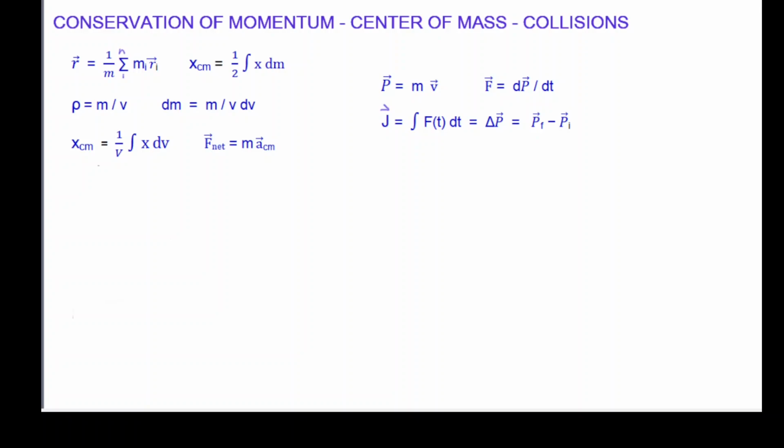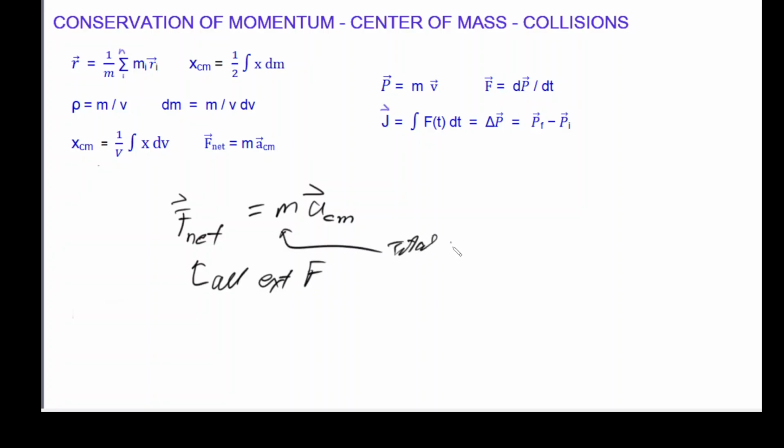Now let's look at Newton's laws as they apply to a system of particles or a solid body. In that case, the net force on that system or body would be equal to mass times the acceleration of the center of mass, where net force is all the external forces acting on the body. The mass is the total mass of the system or body, and acceleration is the acceleration of the center of mass of that body.